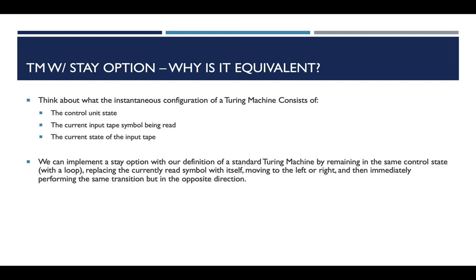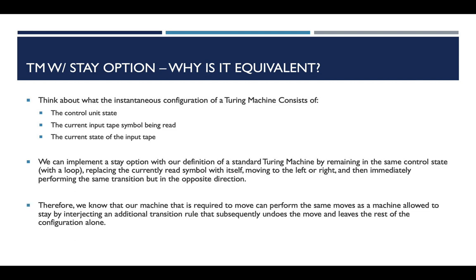So in order to simulate this new feature of the machine, all we need to do is move to the left and then immediately back to the right, or to the right and then immediately back to the left.